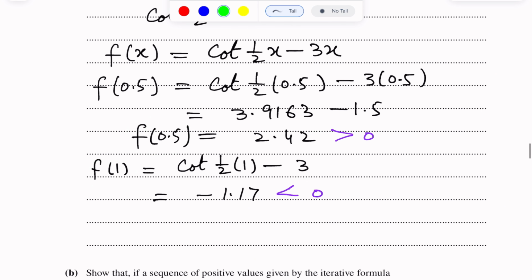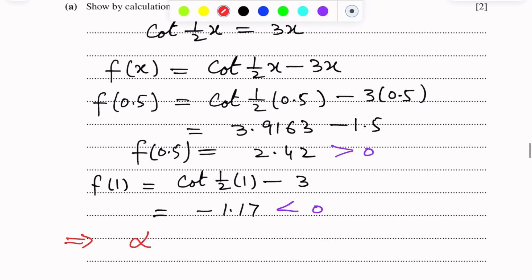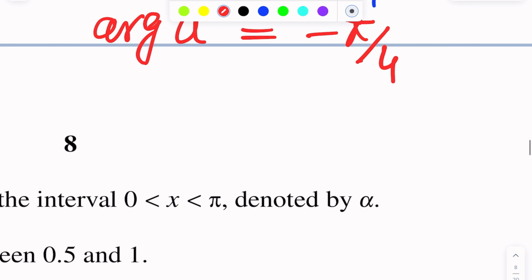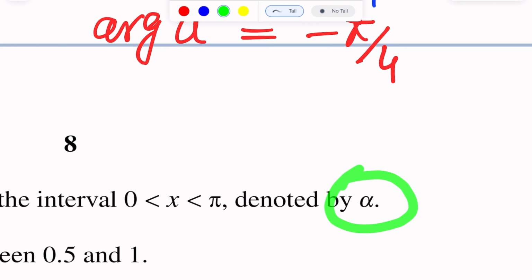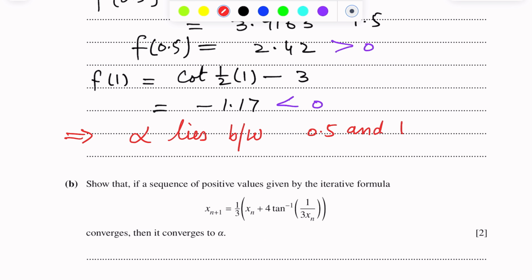So this shows that the root lies between 0.5 and 1. Root means alpha, because in this question the root is represented by alpha, so we can say that alpha lies between 0.5 and 1.